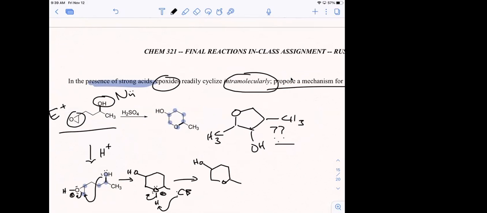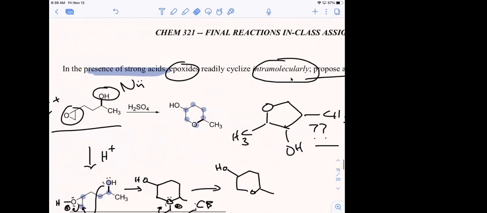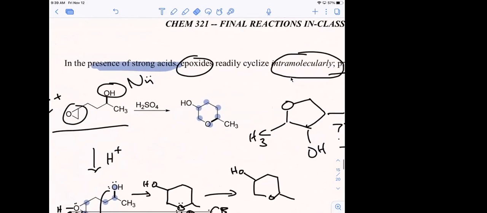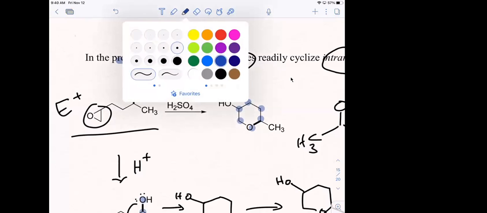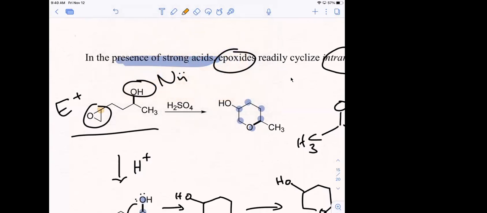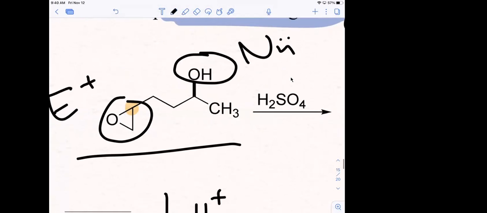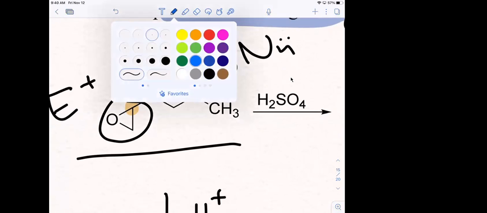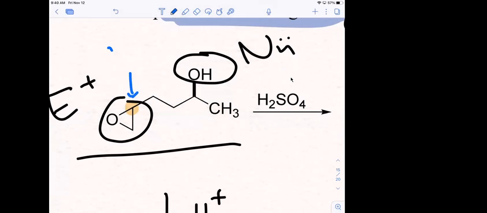If I wanted that 5-membered ring, then I would attack at this carbon right here.